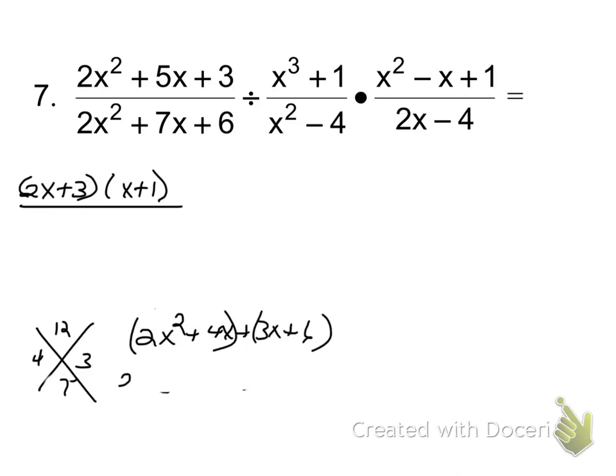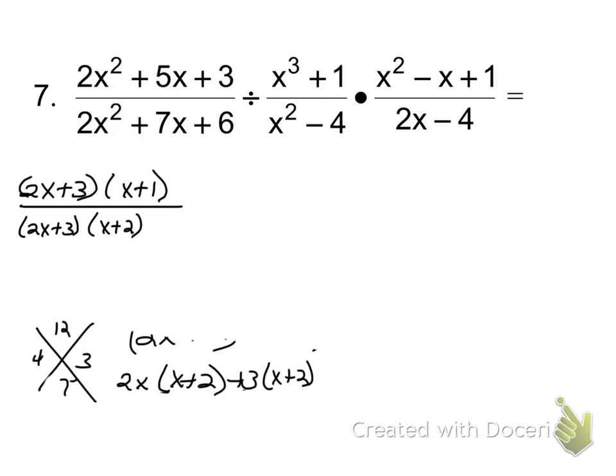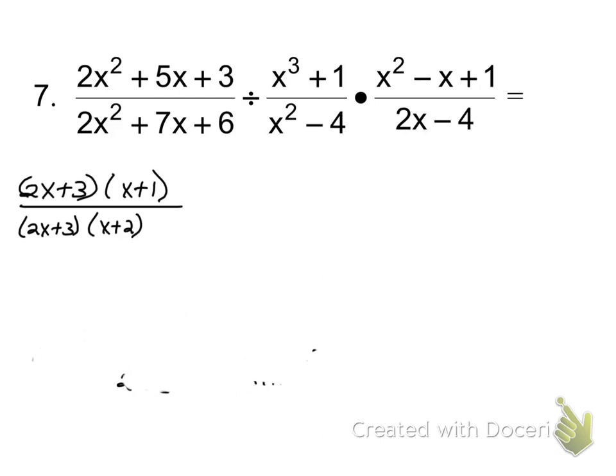Group them. We have 2x gives me x plus 2 plus 3 is x plus 2. So my two factors are 2x plus 3 and x plus 2. Okay. So now I'm going to erase that. So that first fraction has been factored out.